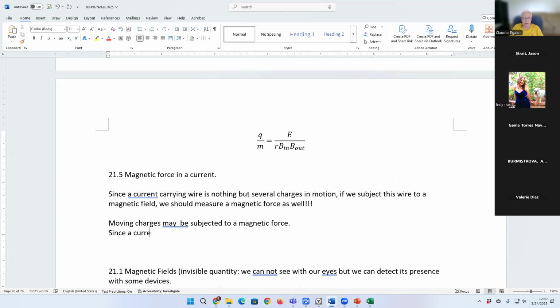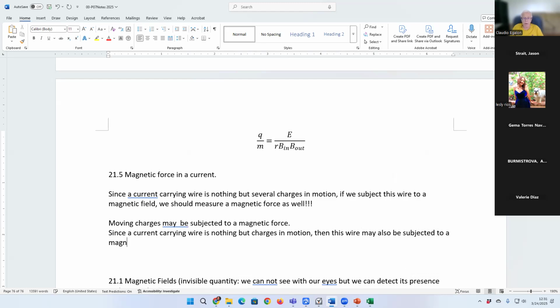Since a current carrying wire is nothing but charges in motion, then this wire may also be subjected to a magnetic force.